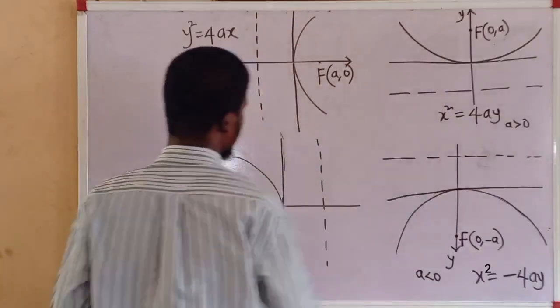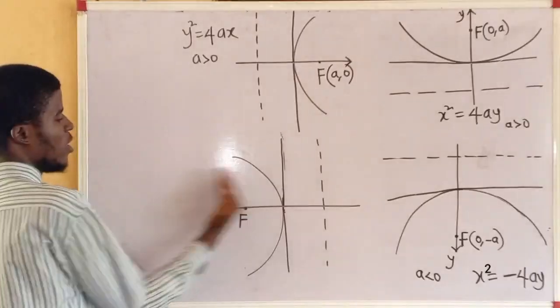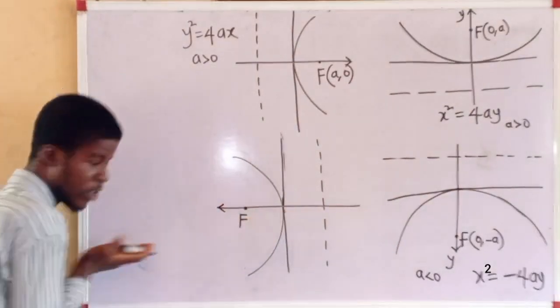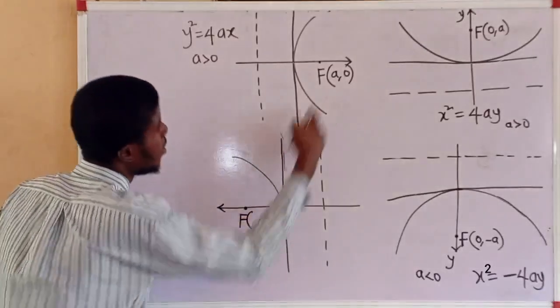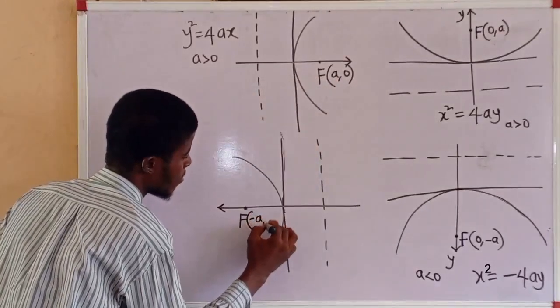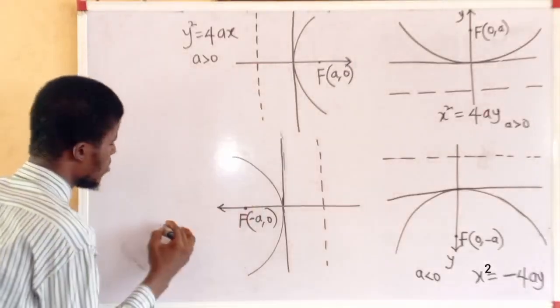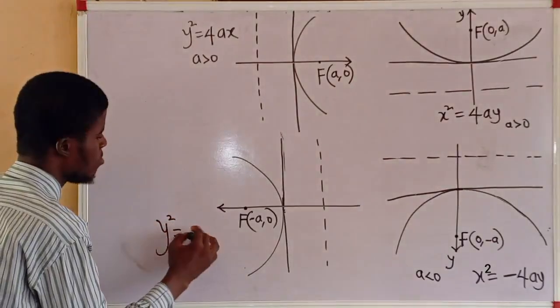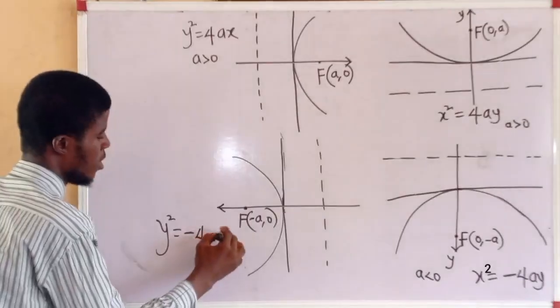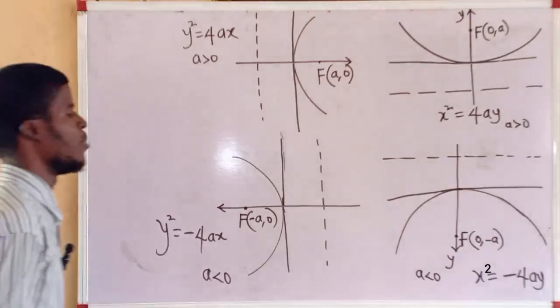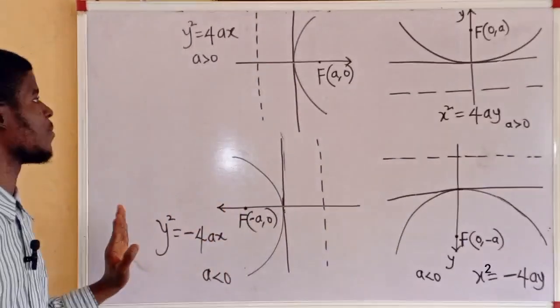But when the parabola opens to the left, this is the negative x-axis, this direction. So a here will now be minus. So what happens to this equation? The equation will now be y squared is equal to minus 4ax, because a is less than 0. The parabola opens to the left.